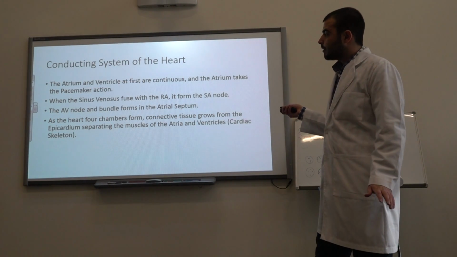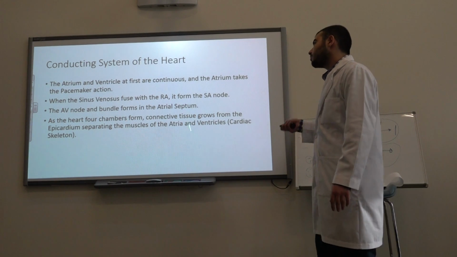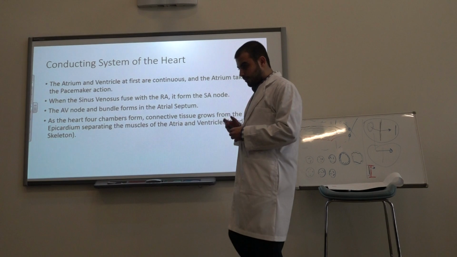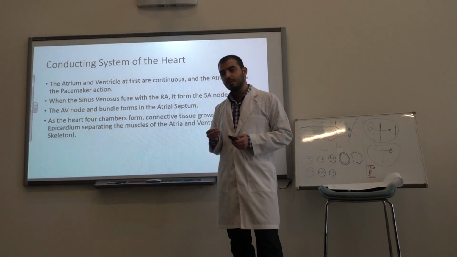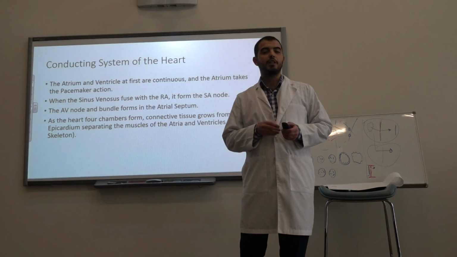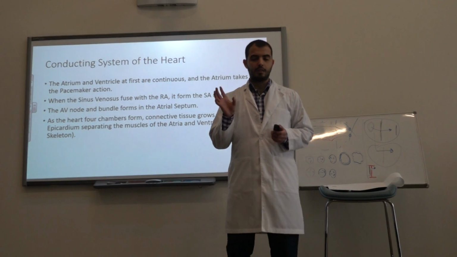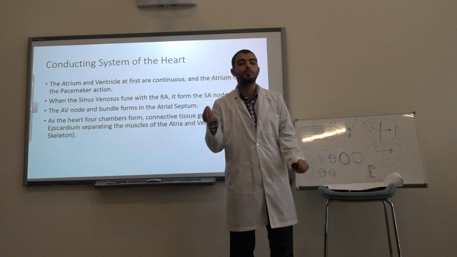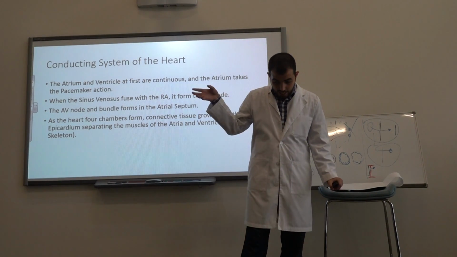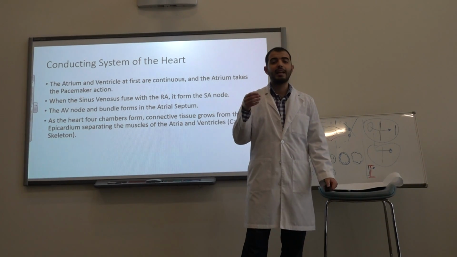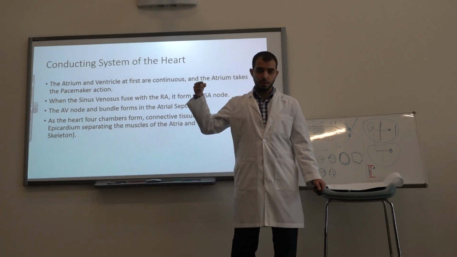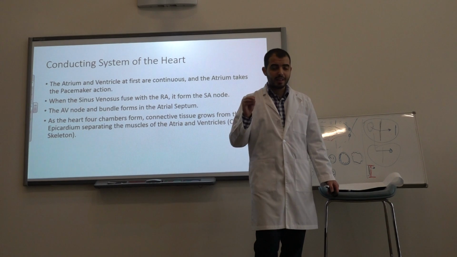Now let us just give a preview of the conducting system of the heart. The heart, if you remember from the previous lecture, we said was contracting cardiogenically, or the contractions were from the heart itself. Later on, I need these contractions to be regulated. So neural crest cells will then go into the heart.